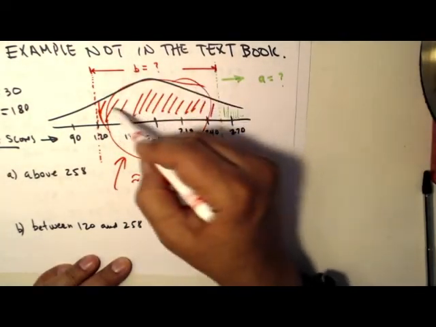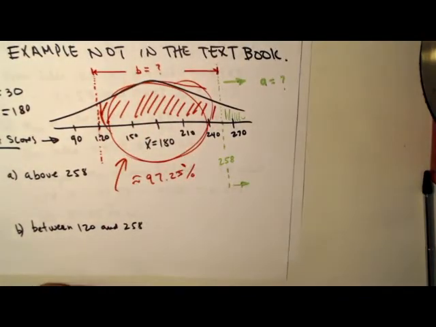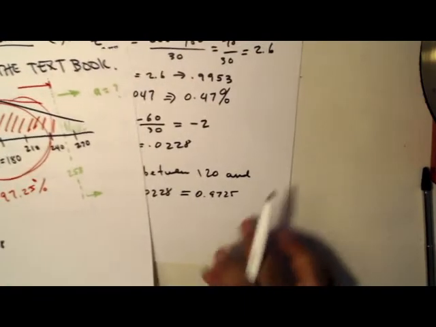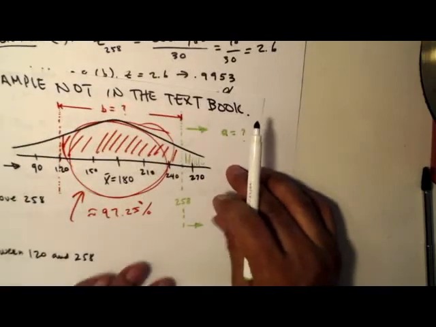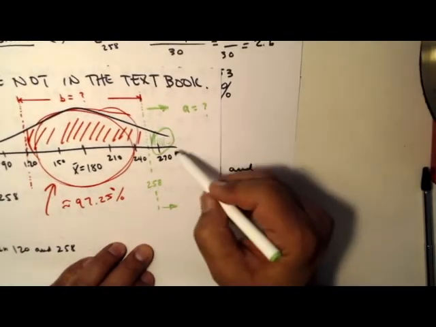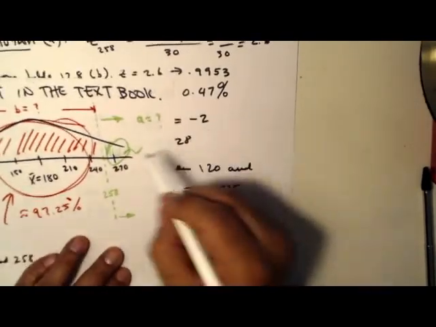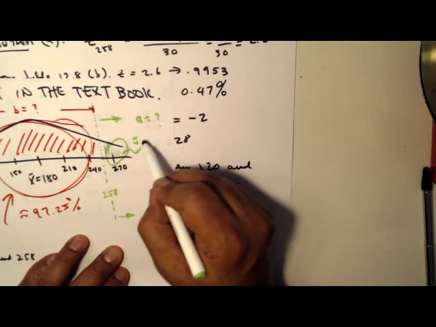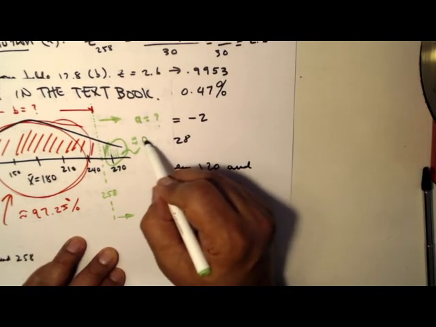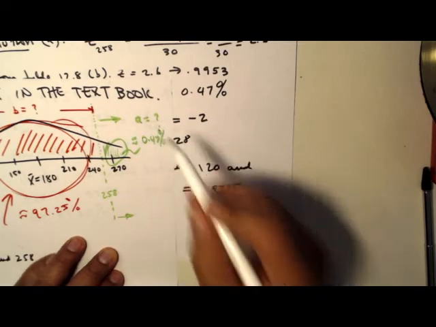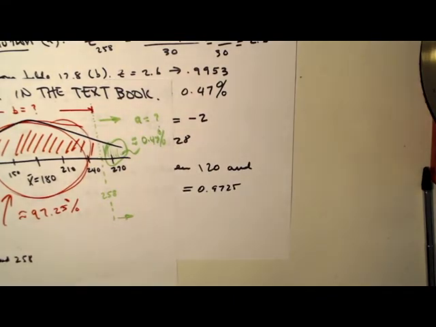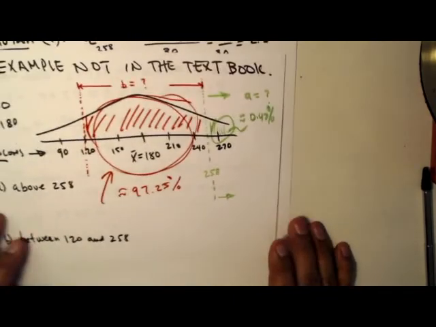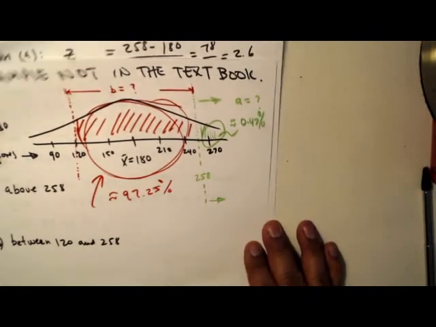And for the point that we get here, it is 0.47. This is a very small percentage, about 0.47%. And basically, this is what we need to do in these kinds of problems.